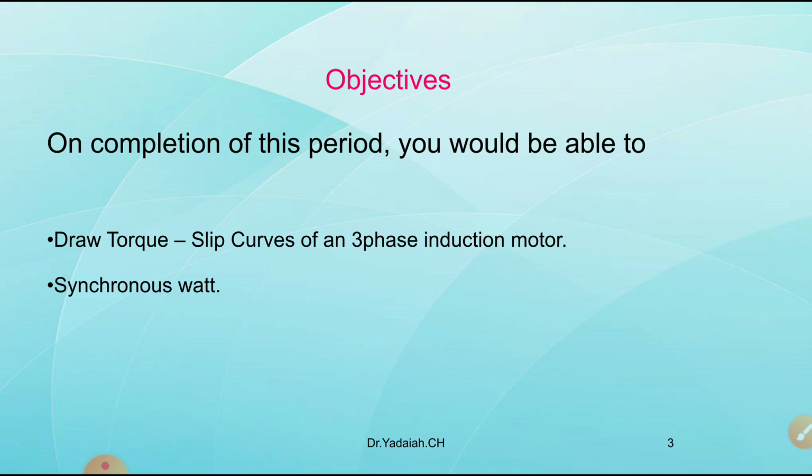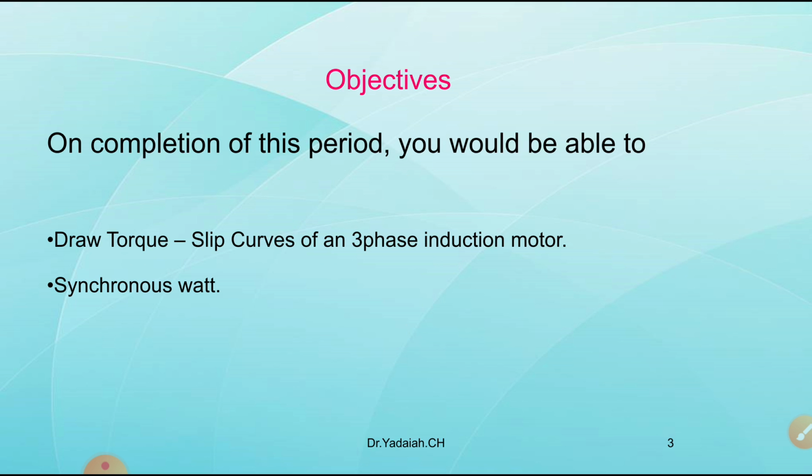Higher the resistance, sharper the slope, as we have seen previously. This linear relationship between the torque and speed establishes a very simple equation between different parameters of an induction motor.